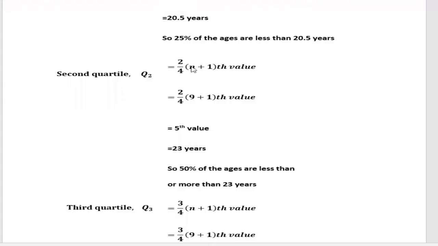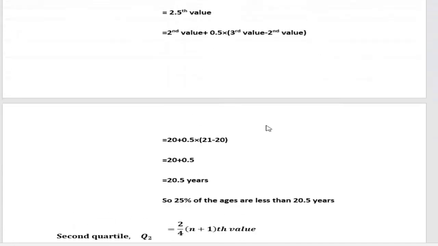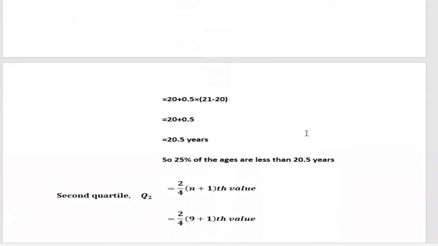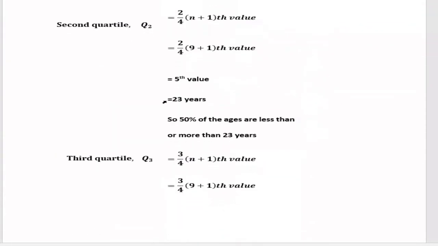For quartile 2, the formula is 2 divided by 4 times n plus 1. We know already n is 9, so 9 plus 1 divided by 2, we will get the fifth value. Only the fifth value. What is the fifth value? Let us see: 1, 2, 3, 4, 5. So our fifth value is 23 years.